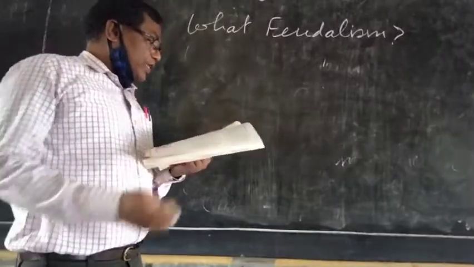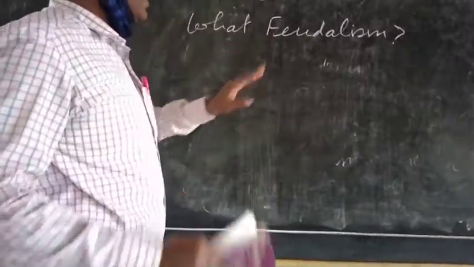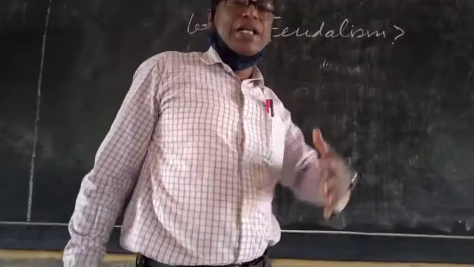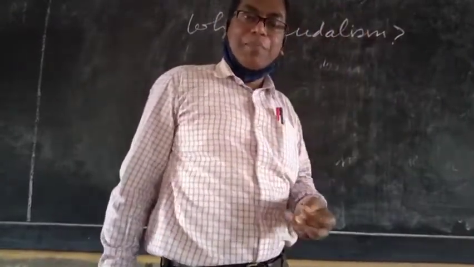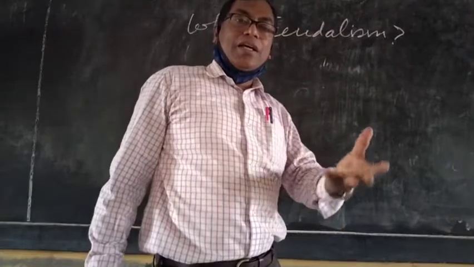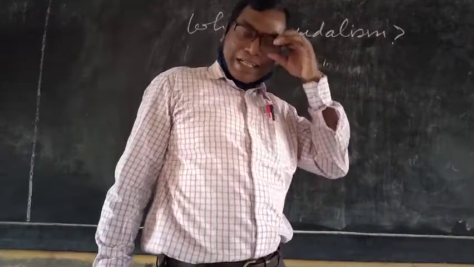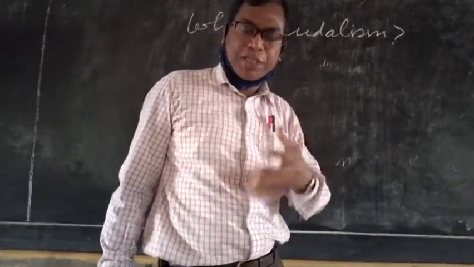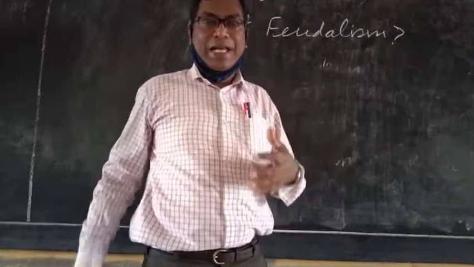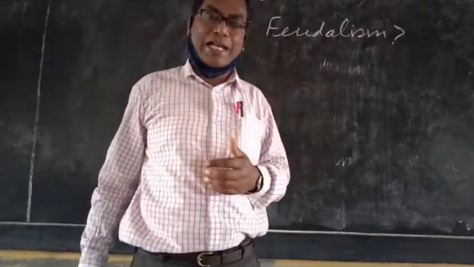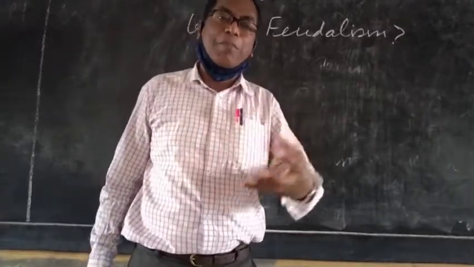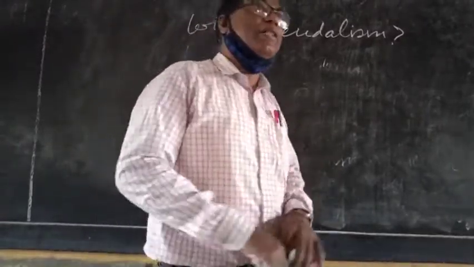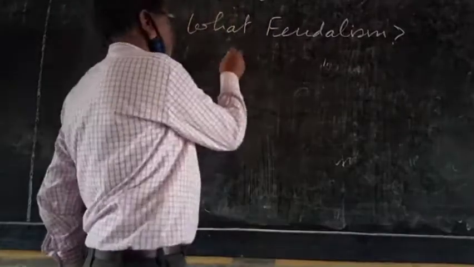What is feudalism? Feudalism is the land grant, giving of land instead of money for paying the salary. If the workers or the officials, especially the officials, have a large sum of salary, then instead of money they are given land.